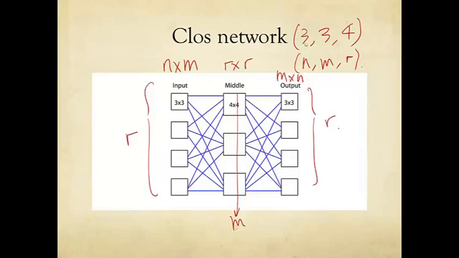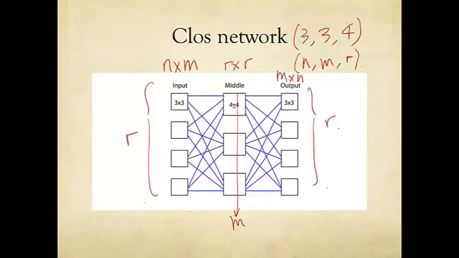So if you give me three numbers, I can then draw a Clos network. In this specific case, we have 3-3-4. Each input and output switch is 3 by 3, and there are 4 of them. Each middle switch is 4 by 4, and there are 3 of them.